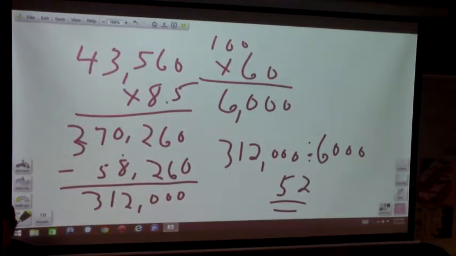Okay, there it is. 43,560 times 8.5, 370,260, minus 58,260. We have 312,000 square feet to work with. Our lots are 6,000 square feet, 312,000 divided by 6,000, 52 lots.